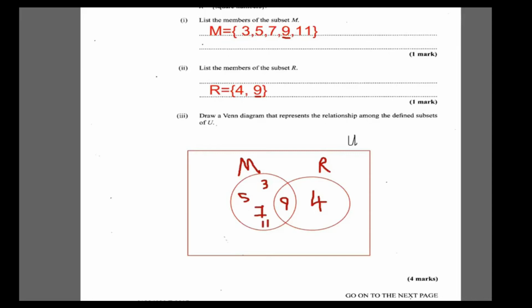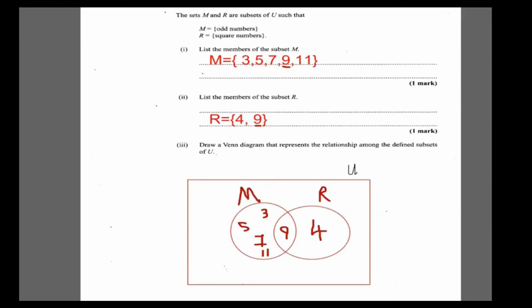Nice. Now, what do we need? We need to fill out the rest of the elements that are missing from U. Of course, we put in the 3, the 4, the 5, the 7, the 9, and the 11. The other elements that are missing are 6, 8, and 10.